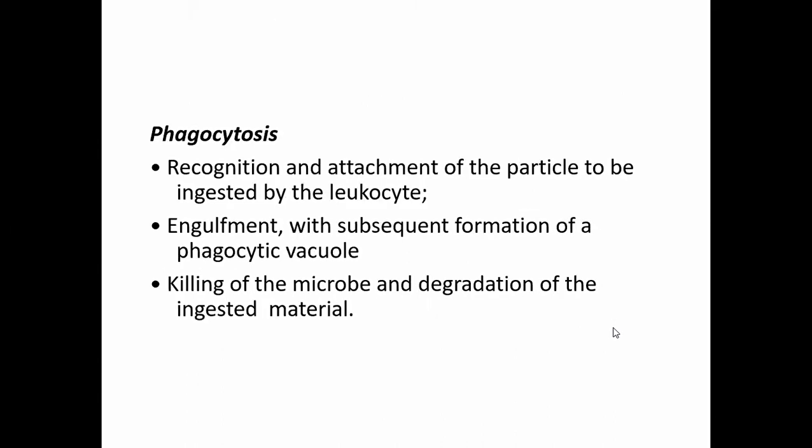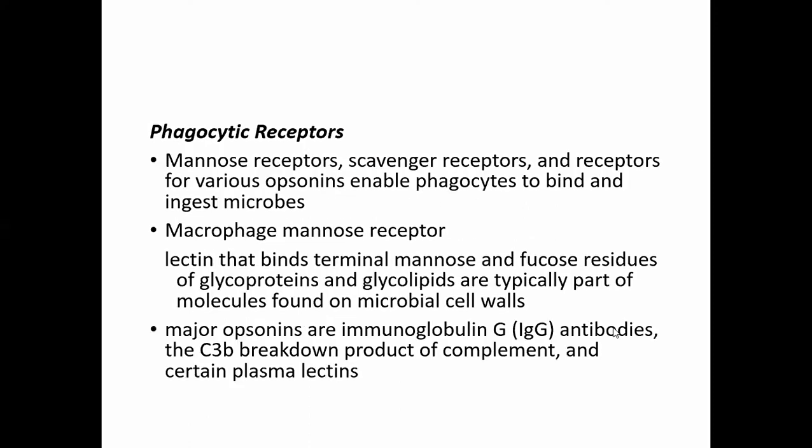Phagocytosis involves sequential steps: recognition and attachment of the particle to be ingested by the leukocyte, engulfment with subsequent formation of a phagocytic vacuole, and killing of the microbe and degradation of the ingested material. The phagocytic receptors involved are the mannose receptors, the scavenger receptors, and receptors for various opsonins, which enable phagocytes to bind and ingest the microbe.